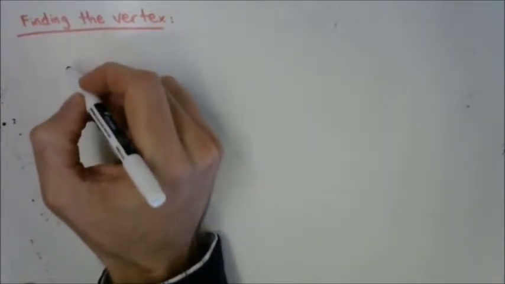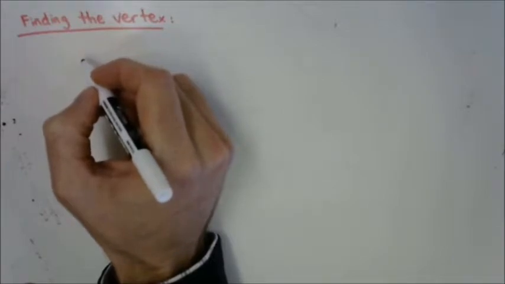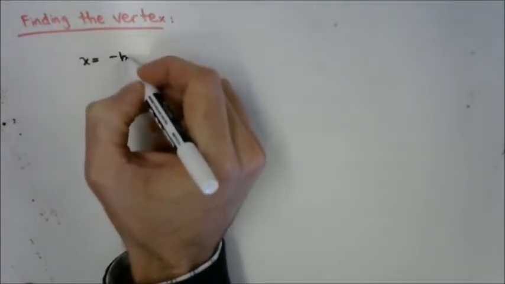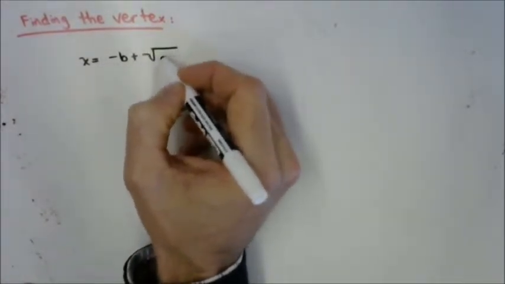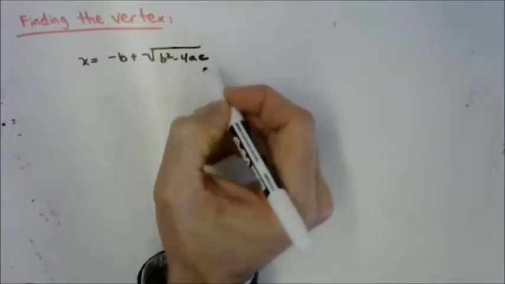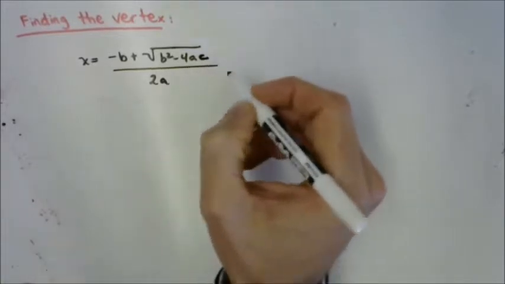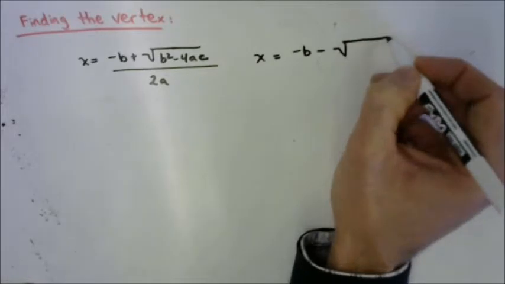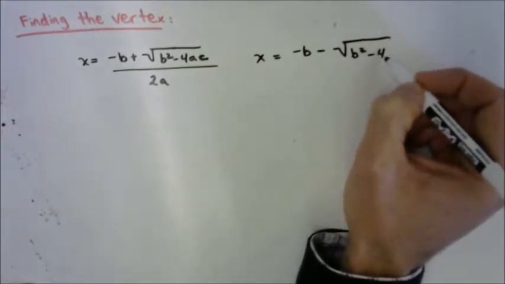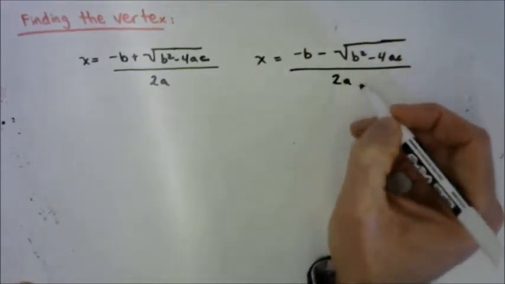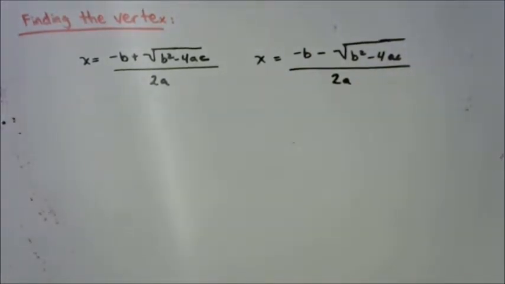We learned that the two x-intercepts, when we use the quadratic formula, we end up with x equals negative b plus the square root of b squared minus 4ac over 2a, and the other root is x equals negative b minus the square root of b squared minus 4ac over 2a.